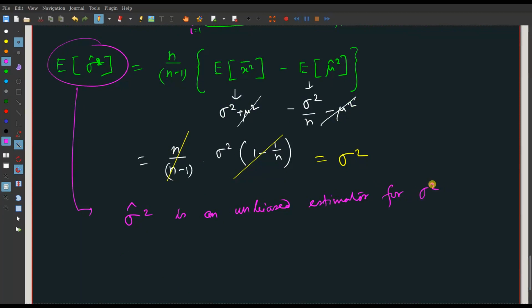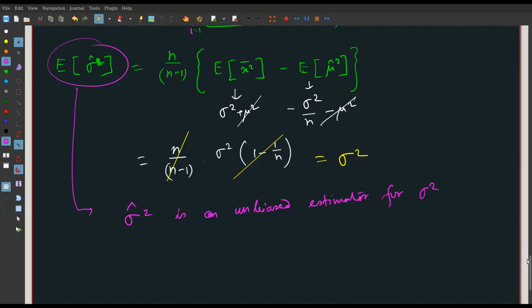Okay, so that is something good to have. In the same way, you could see that if you instead had 1 over n instead of 1 over n minus 1, then this would not be sigma square.